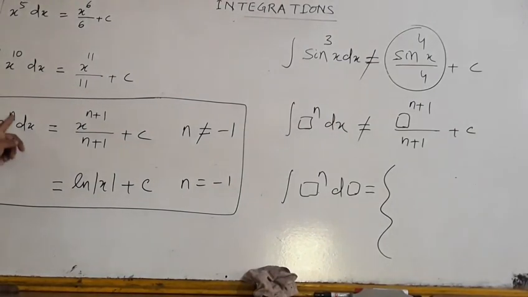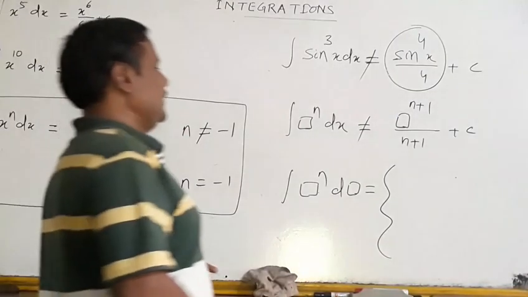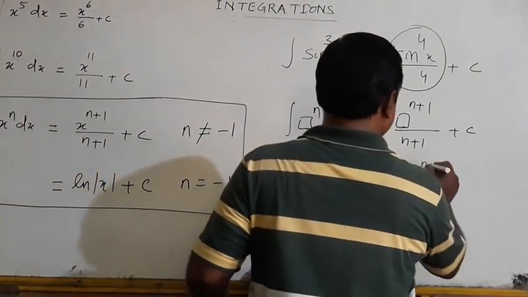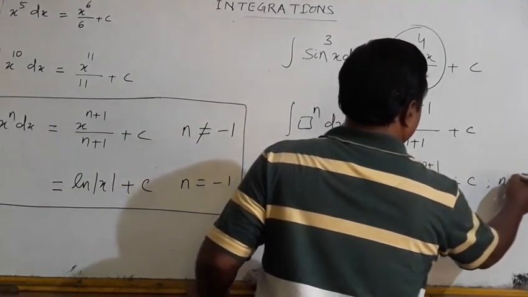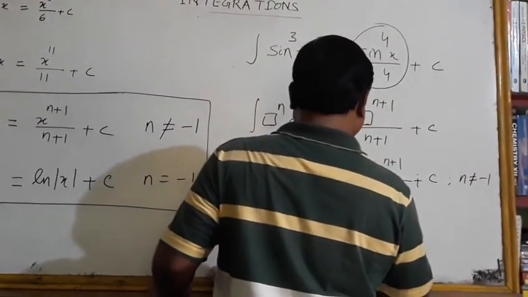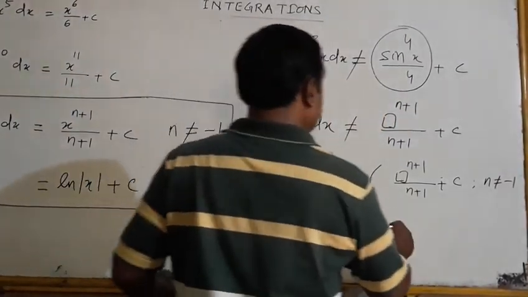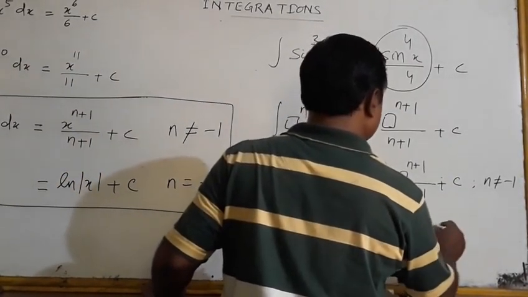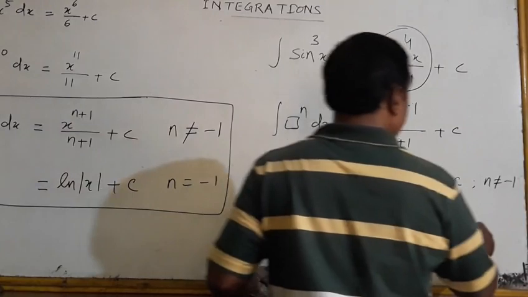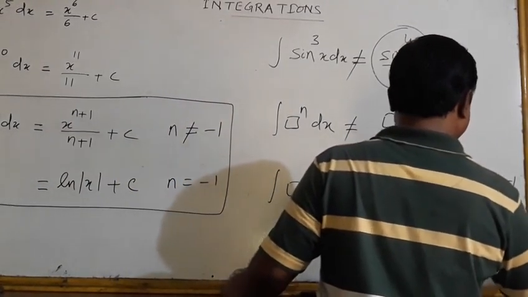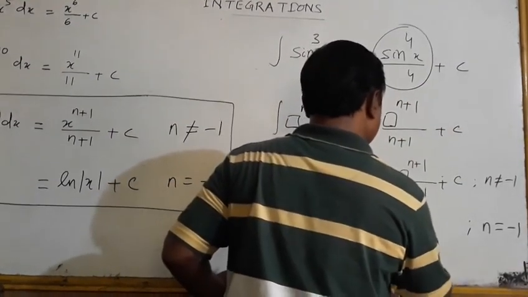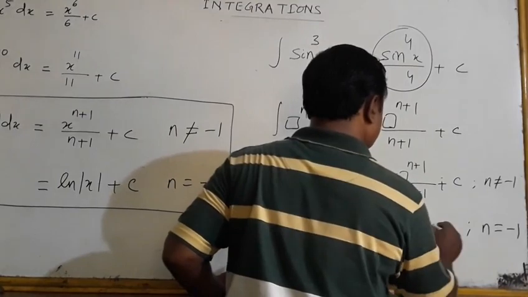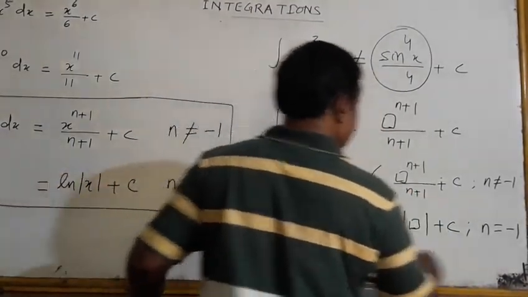You cannot write anything to the power n; the integral of box to the power n d box is box to the power n plus 1 by n plus 1 plus c for n not equal to minus 1, and here it is ln box plus c for n equal to minus 1. Okay, it is ln box plus c. There is a remarkable difference.